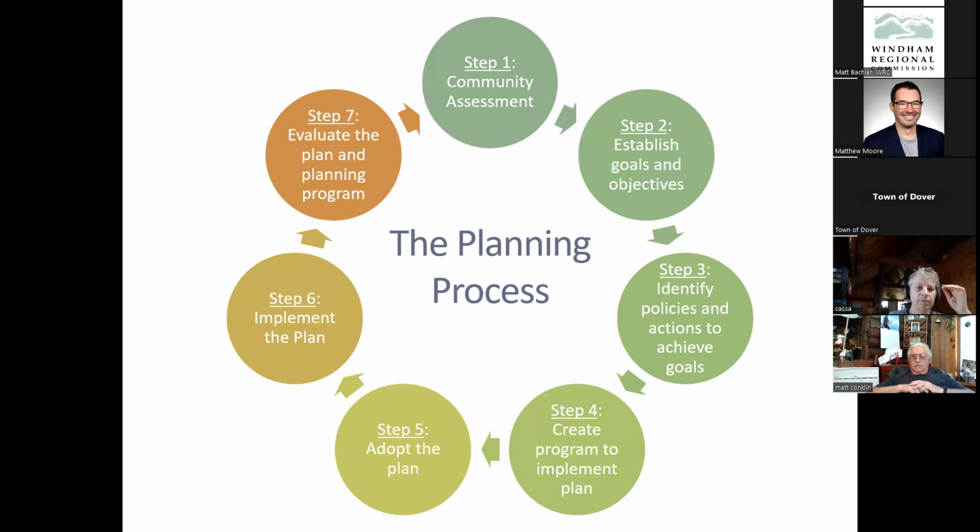Once the plan is adopted, the implementation process is an ongoing process, and I recommend that towns refer back to their implementation program if it's an annual thing, just to see how they're doing, working on different action steps. And if projects were identified kind of further out, just making sure that towns keep track of projects that they're hoping to work on.